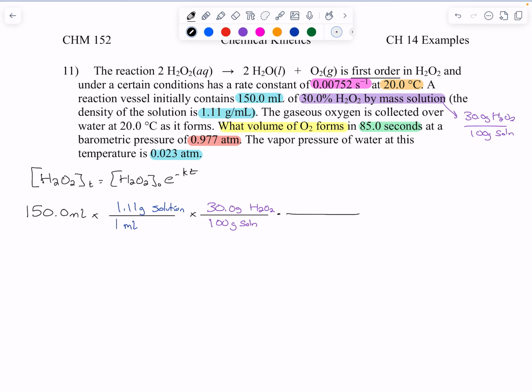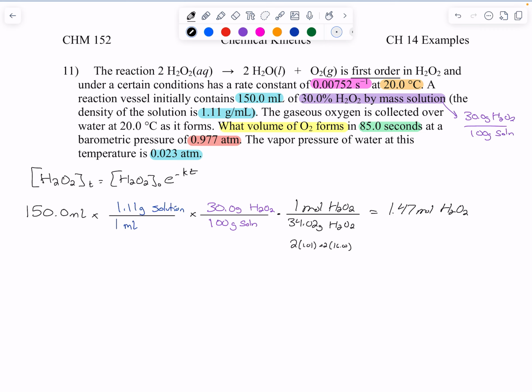And then we know, well, let's go with this: 2 times 1.01 plus 2 times 16, that would be 34.02 grams is 1 mole. And that gives us 1.47 moles of H2O2.